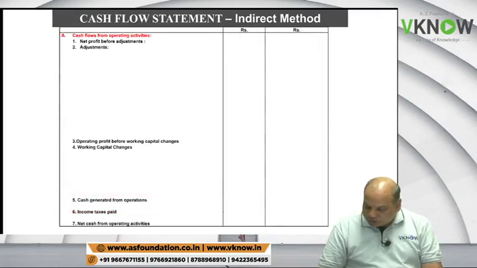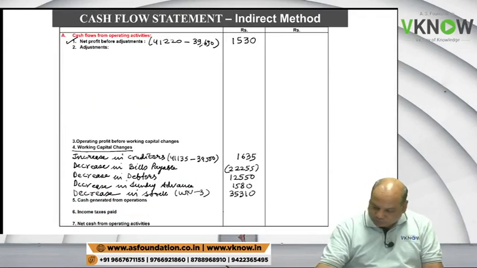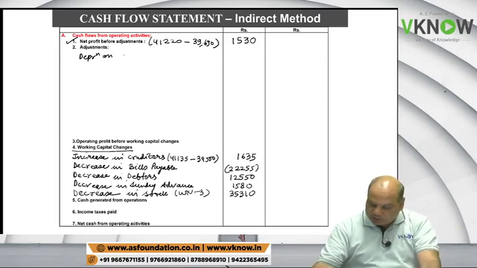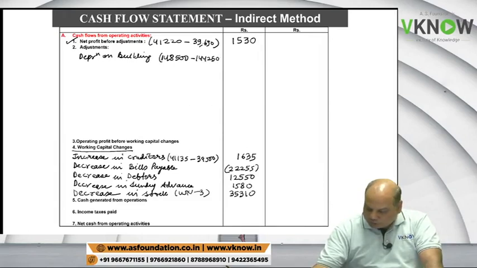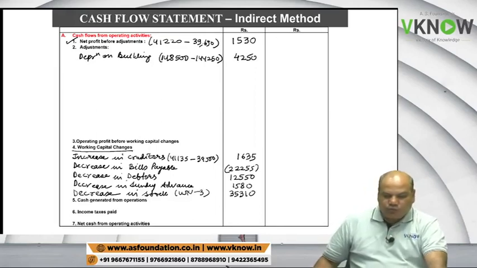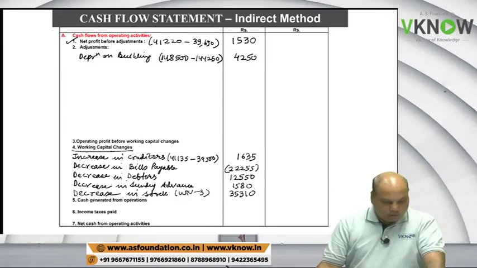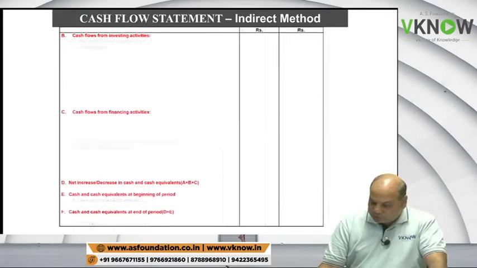So please come to adjustments. In adjustment, write down depreciation on land and building, or just write building. Write the difference: 148,500 minus 144,250, and how much is that? So you are saying 4250. Very good. 4250.